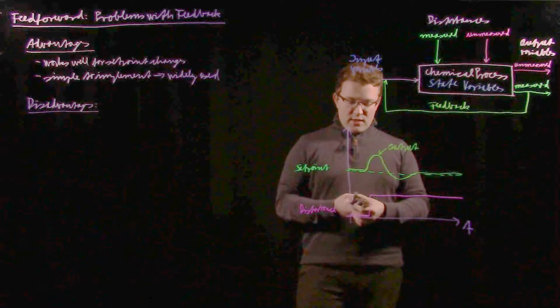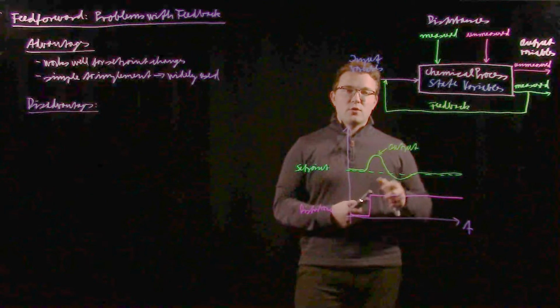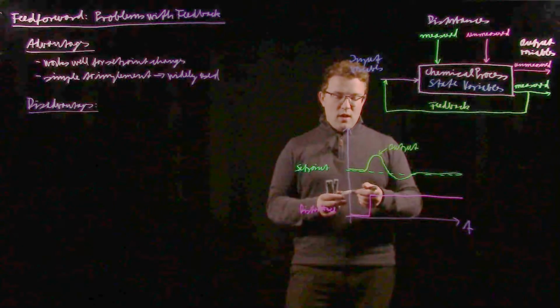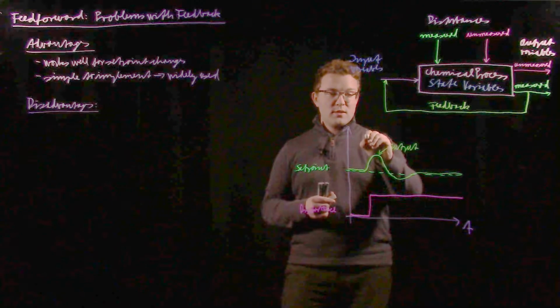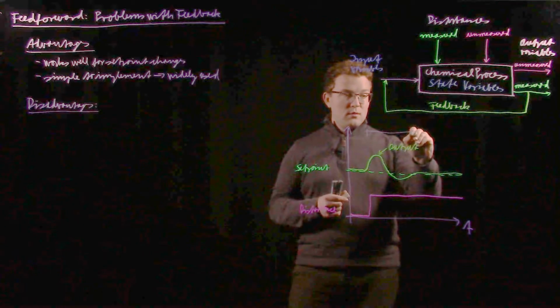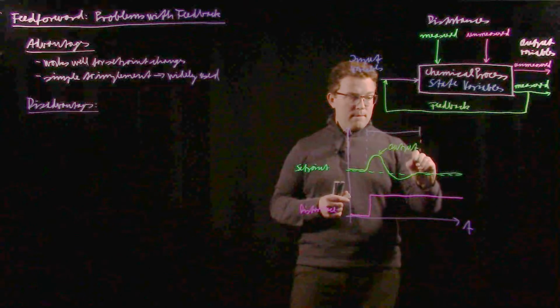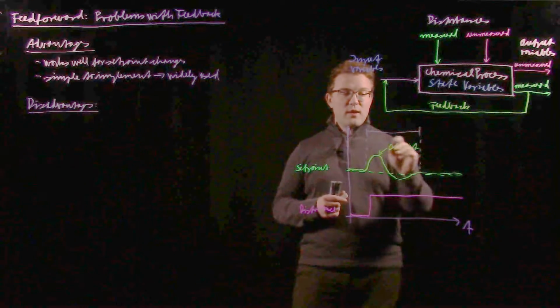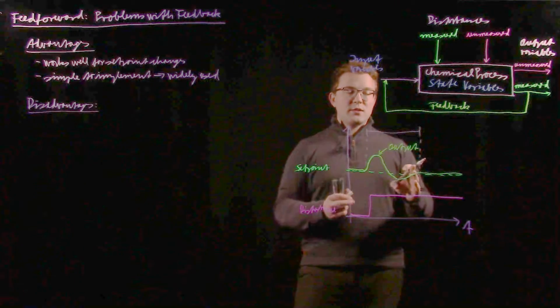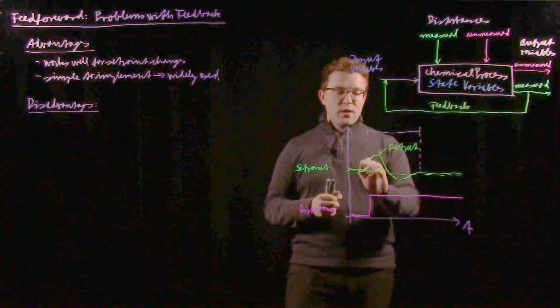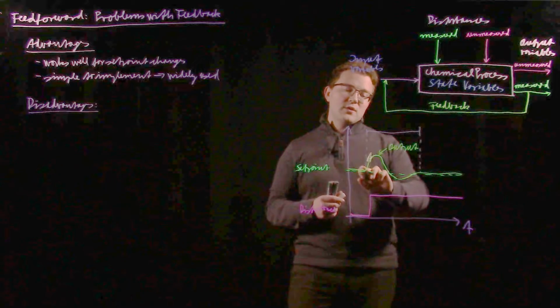And here we already can see the problem with this kind of control approach, because we have this disturbance here, and for this time period here, so probably until here, during this time frame, our system is not at our ideal state, not at our set point. Here in this part, its value is too high.